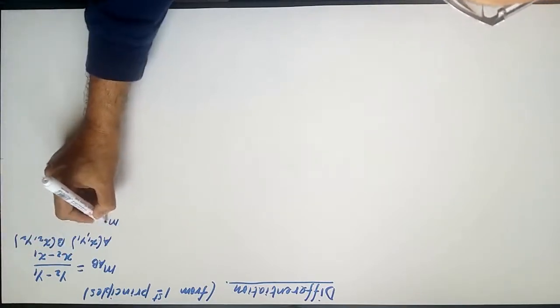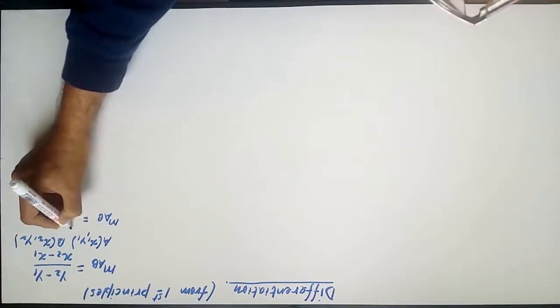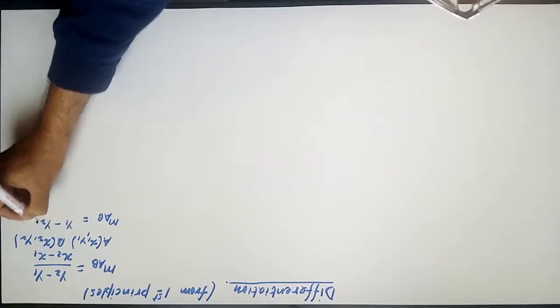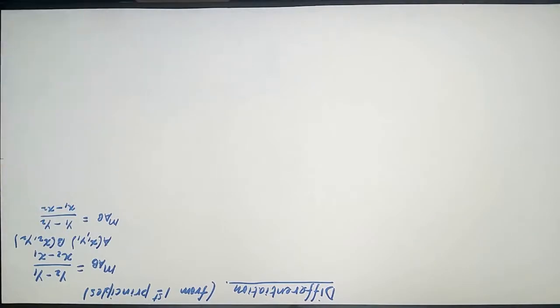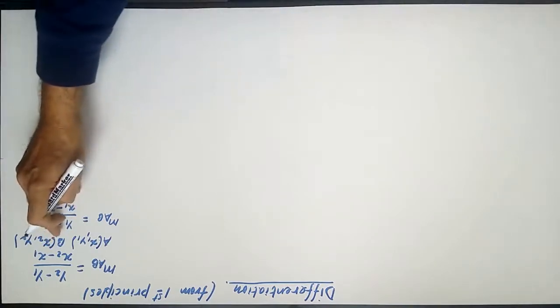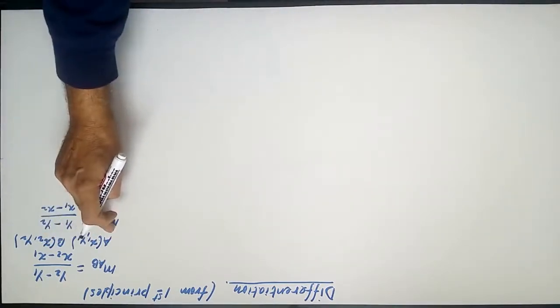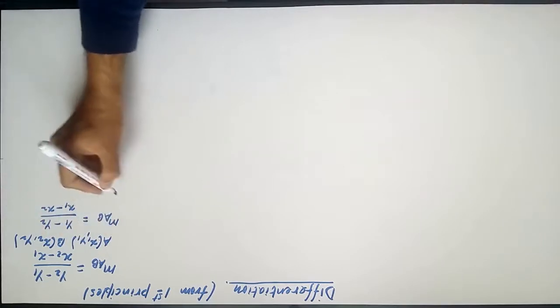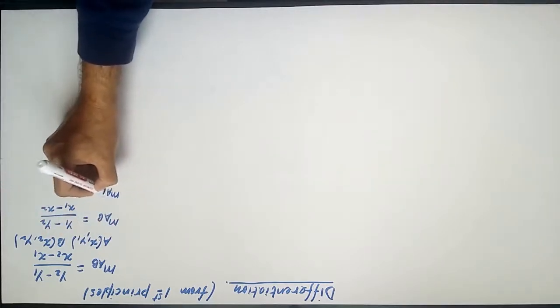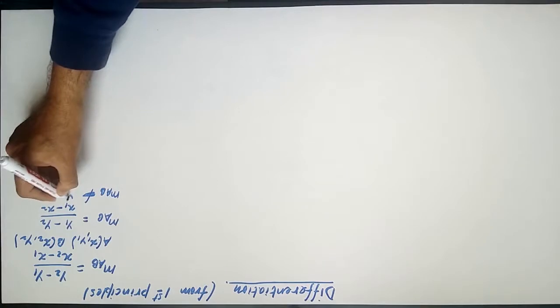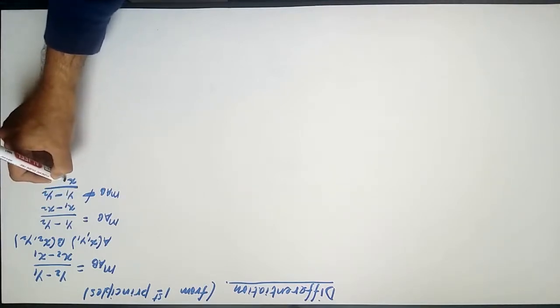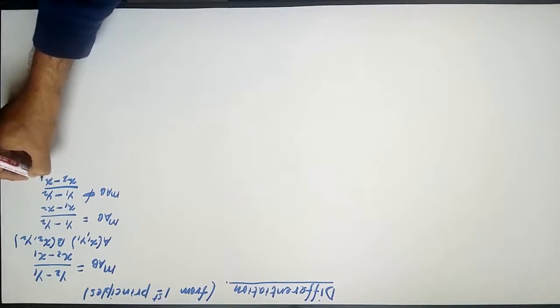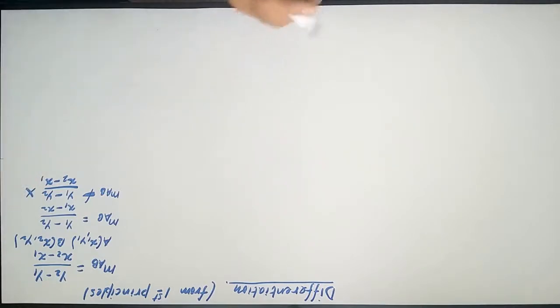We can also say m of AB is (y1 minus y2) upon (x1 minus x2). This is also perfectly right, where we take the point B as the origin and A as the second point. But if we write something like y1 minus y2 upon x2 minus x1, this is not acceptable. So please bear that in mind.